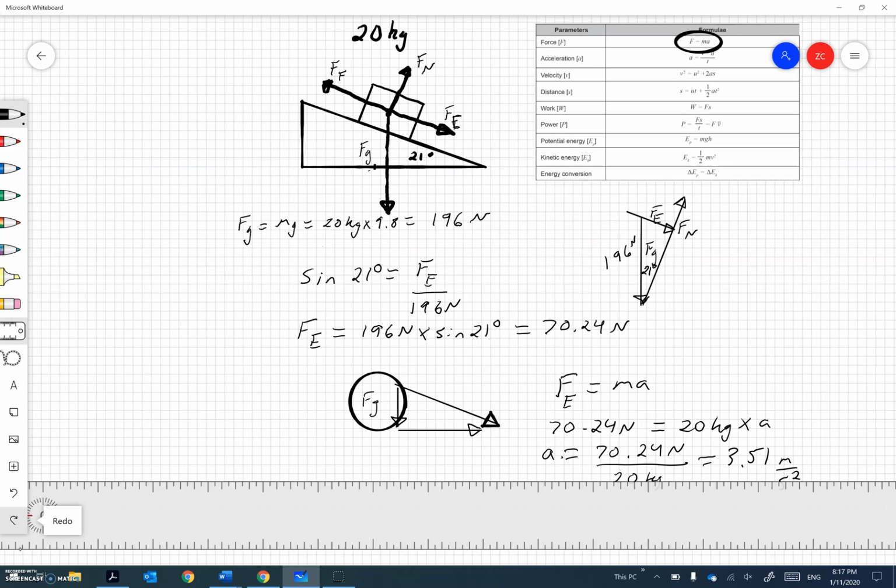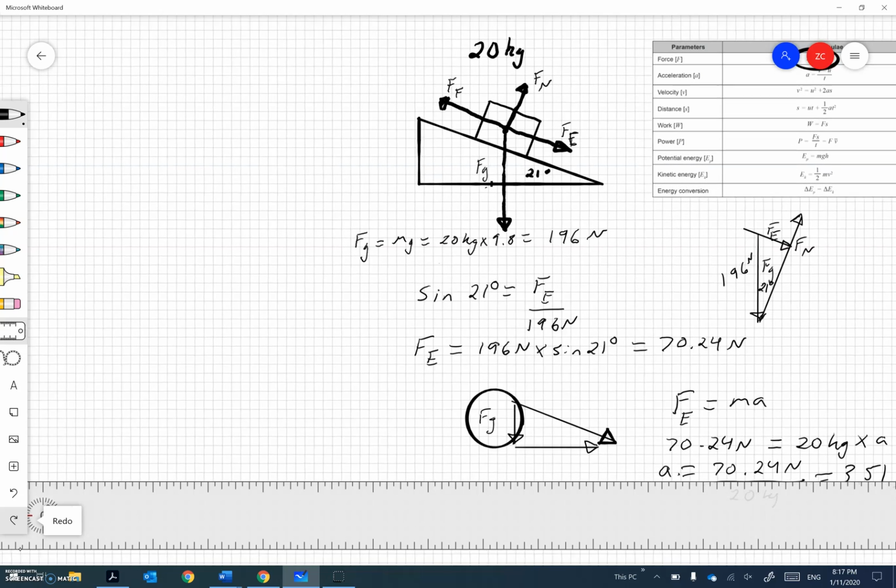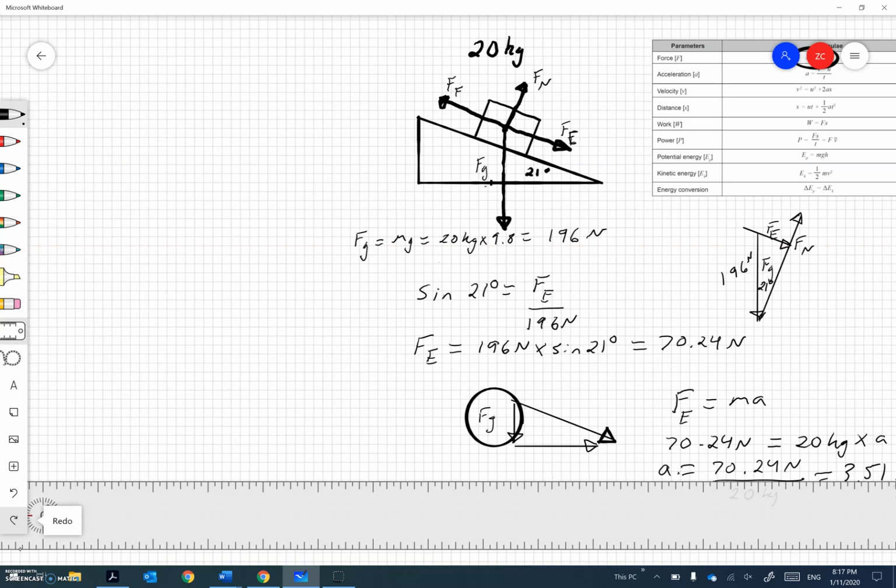Let's have a look now at a few sample problems. What if I wanted to know, for example, so let's rewrite it up here. So the acceleration is equal to 3.51 meters per second squared.